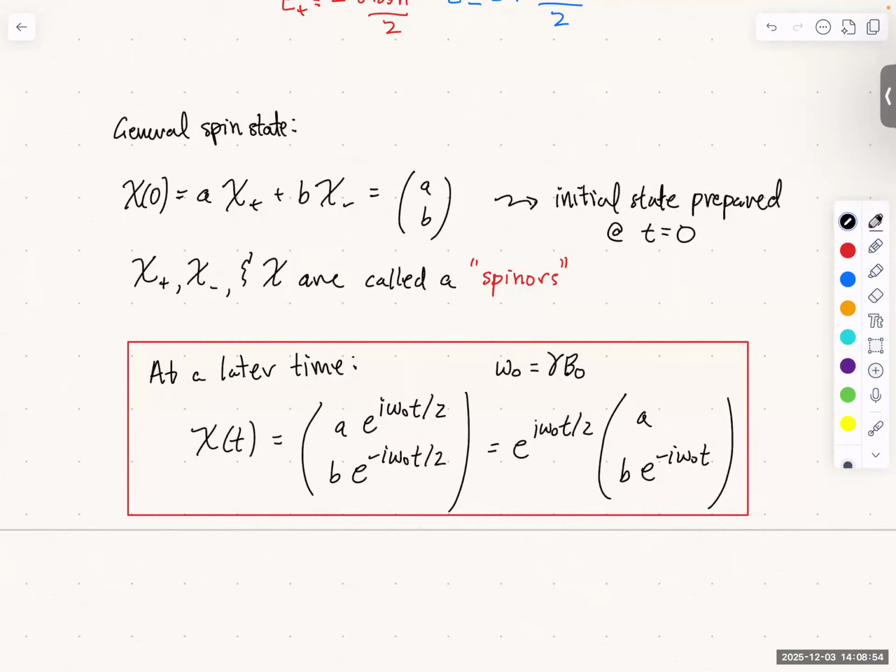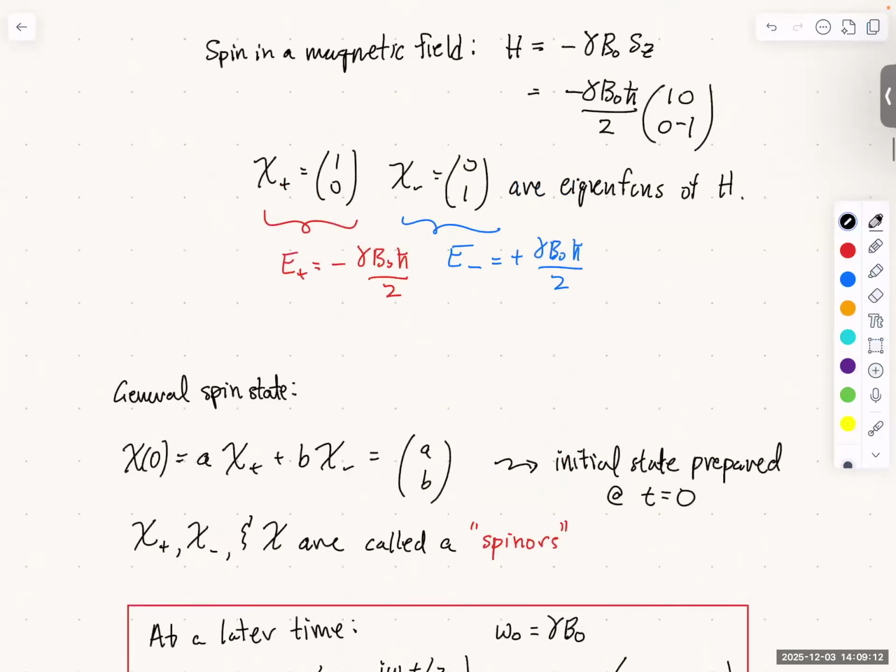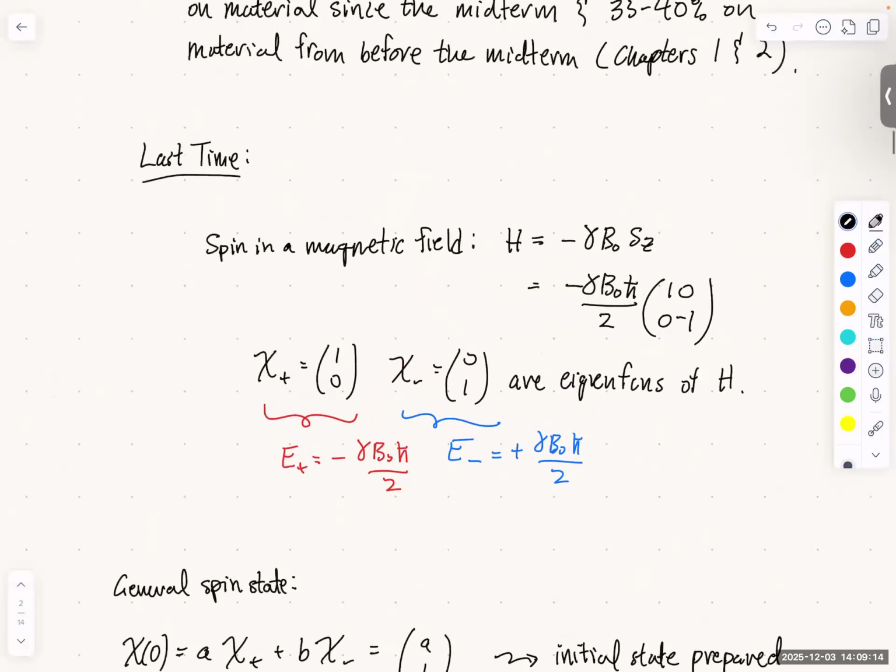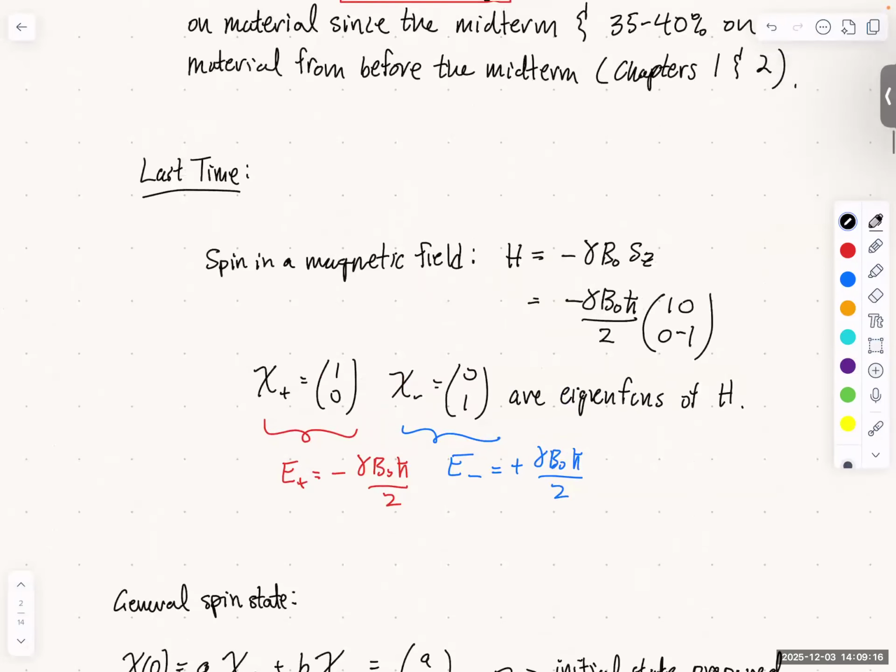And the time evolution of each of the eigenstates is going to be an e to the i times the energy times time over h bar. That energy in our Hamiltonian was gamma B naught h bar over 2.